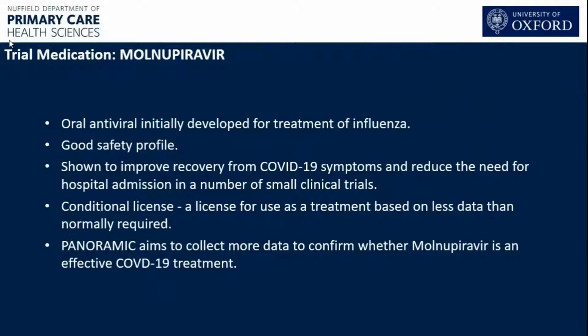And to receive this licence, the data has shown that the benefits of the treatment outweigh the risks. So the aim of the PANORAMIC trial is to collect more data to confirm whether molnupiravir is an effective COVID-19 treatment. Molnupiravir has been highly recommended by the Antivirals Task Force for the treatment of COVID-19, and the use of this drug in the PANORAMIC trial has been approved by the MHRA.